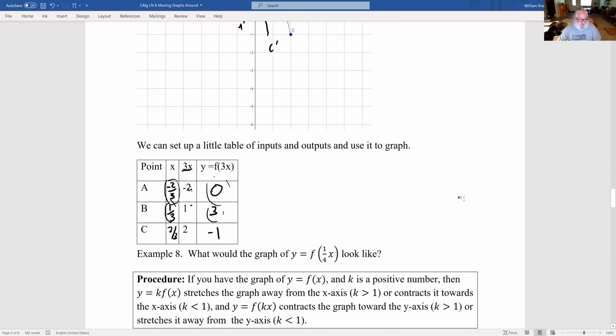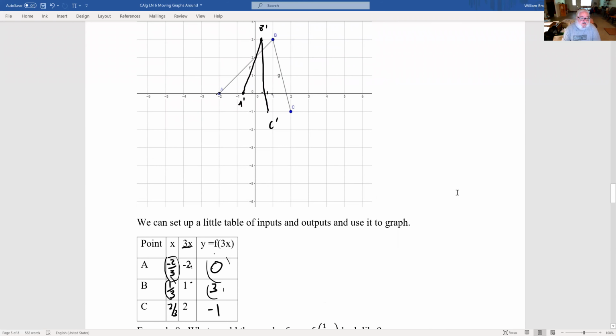Okay. 1/4 x, well, if we took 1/4 x, that's going to just expand everything out by 4. So if we take the point, say, we start with x equals 4, and then we take 1/4 x, that would be 1.